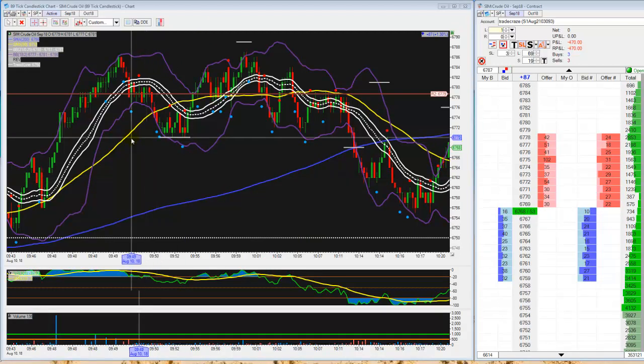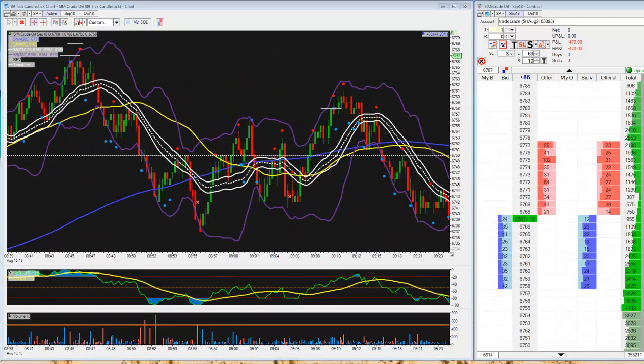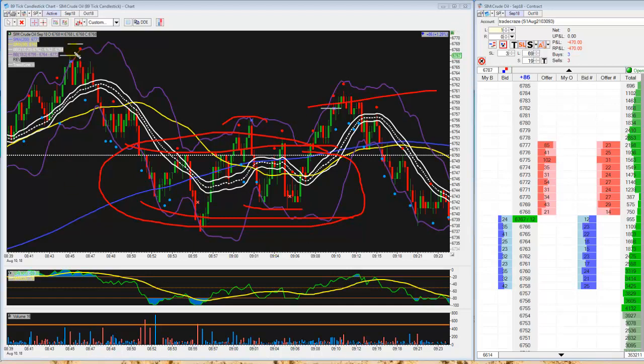from having trading situations like right here where it just eats me up. This right here is what eats me up. It just hits me, I get back in, it hits me again. That's where most of my losing days come from.